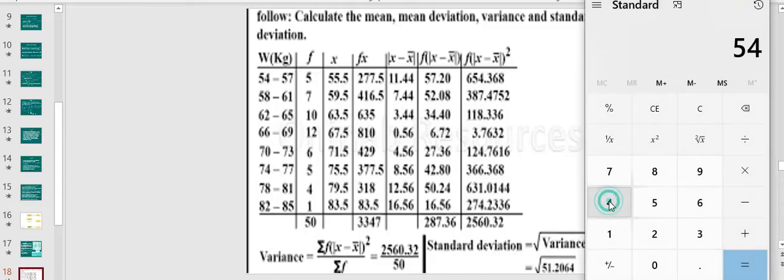54 plus 57, divided by 2, is equal to 55.5. Then 58 plus 61, divided by 2, will be equal to 59.5.